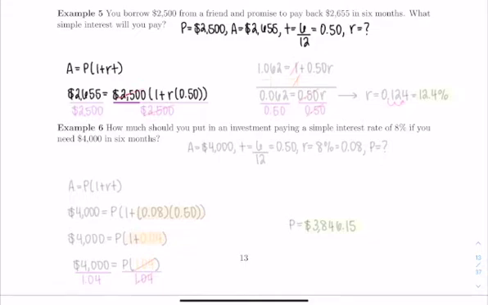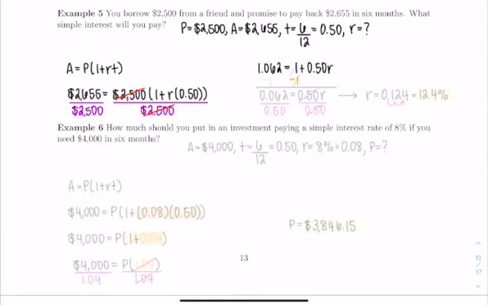And so I'm going to divide both sides by $2,500. So on the right hand side, the $2,500 is going to cancel. And on the left, we now have 1.062 equals 1 plus 0.50 R.